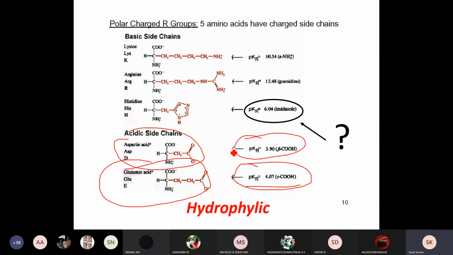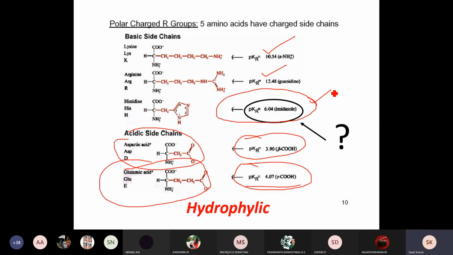If it is basic in nature, the pKa will be high, always remember. And histidine, which is near neutral, is 6.04 due to the imidazole ring. But if somebody asks you the pKa value of lysine, always remember lysine is basic in nature. If you want to guess also, it should be more than 7.